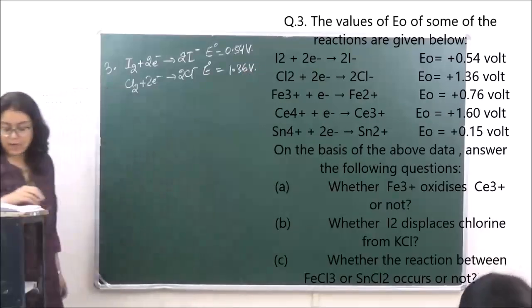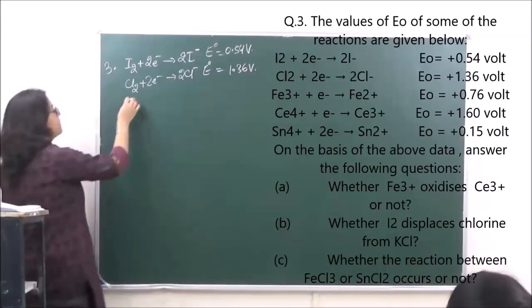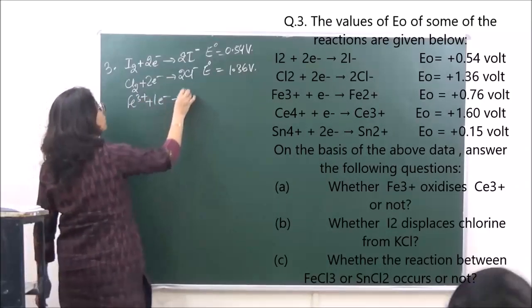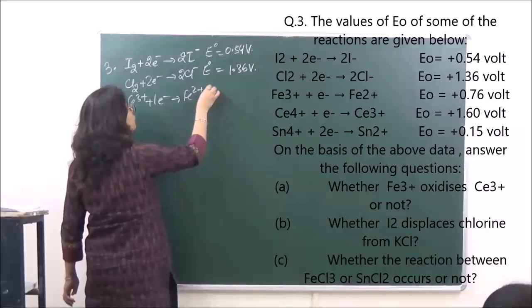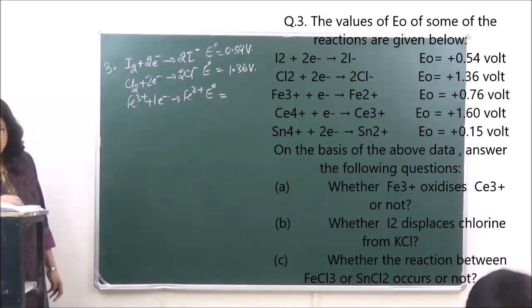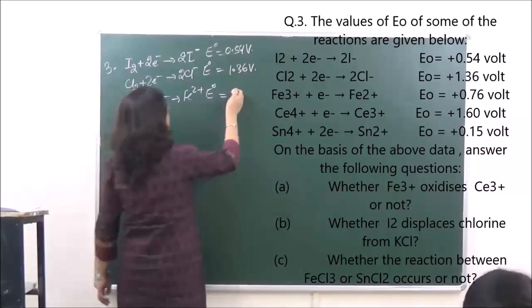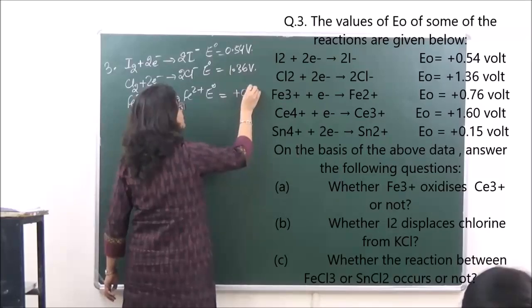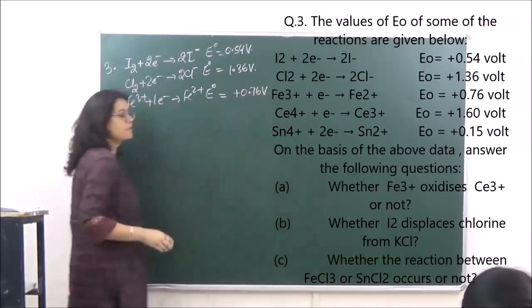ठीक है? The third reaction given to us is Fe3+ plus 1 electron to give us Fe2+, and the E0 value over here is plus 0.76 volt.